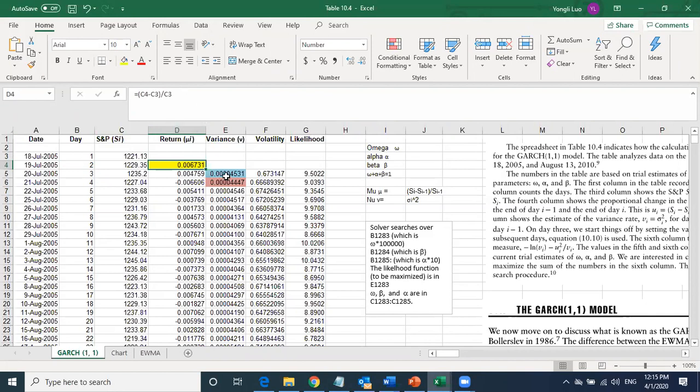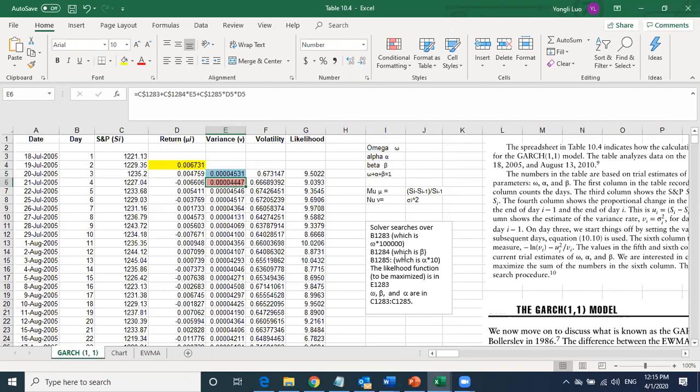Then you calculate the variance. Remember, you lose 1 degree of freedom. For the first one, you square the return, D4. The second one you do not square.